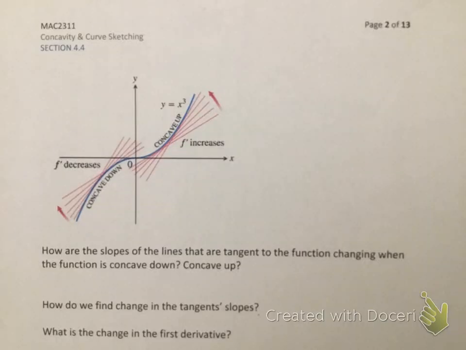Let's look at the function y equals x cubed that we have graphed here in blue. So the blue is a function. What you see from this picture from your textbook has a whole bunch of tangent lines drawn to the curve, where the curve is concave down, and then where it is concave up.